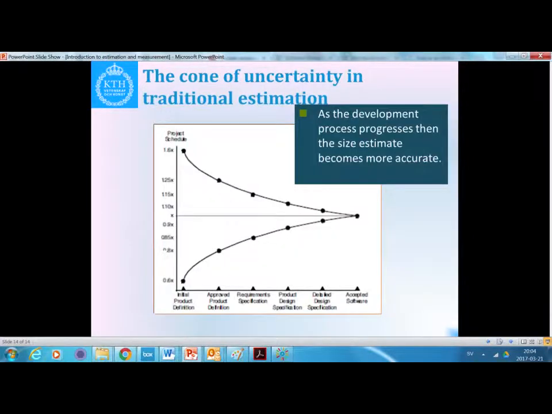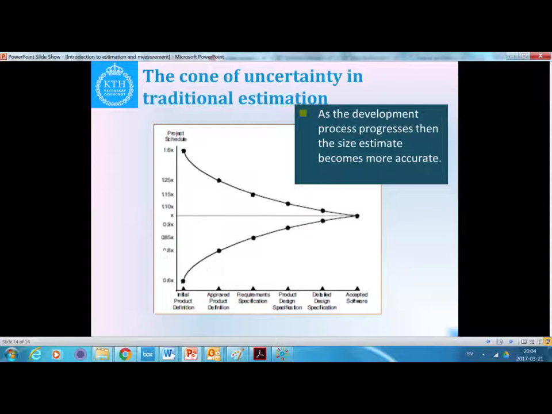But still, even if we have our models, we have difficulties in estimating the size of the software system. Here we have a cone of uncertainty. Actually, we are 100% sure of the size of our system when we have implemented the system. But before that, we may either underestimate or overestimate the size.